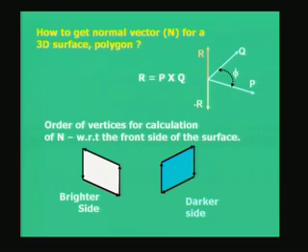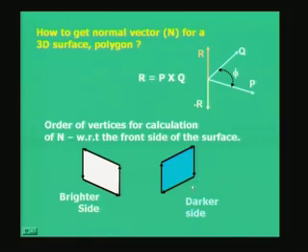So, I paint it with a color which is non-bright or dark, and if you see, the order of the vertices is clockwise, because that is what you will see. If you see this polygon from the darker side, which is opposite to the brighter side, this was the brighter side, and I am asking you to look from the other side of this polygonal face, which will appear like this, the darker side, you see that the vertices or the edges appear in a clockwise arrangement.